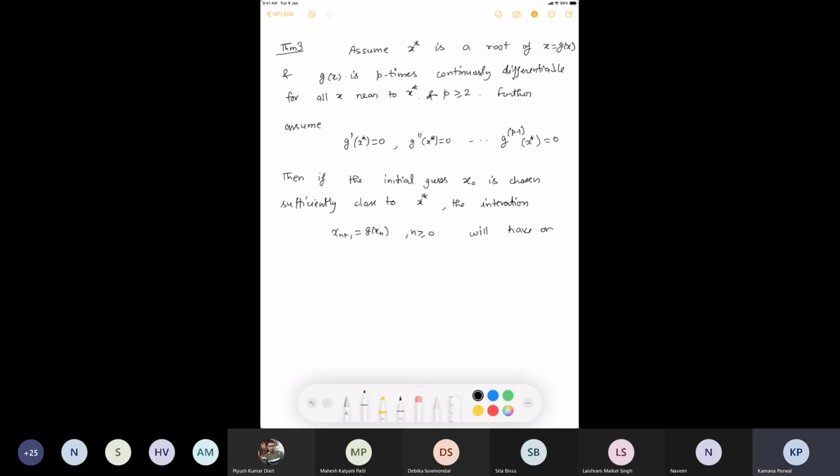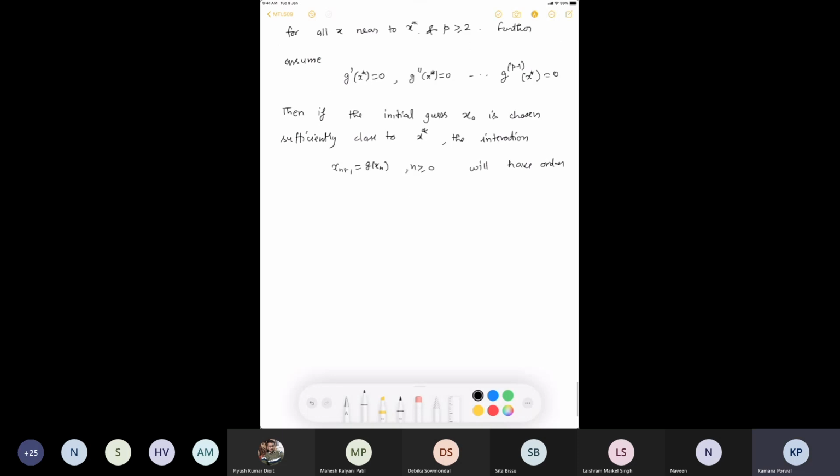Of course, the sequence will converge and the order of convergence will be P.